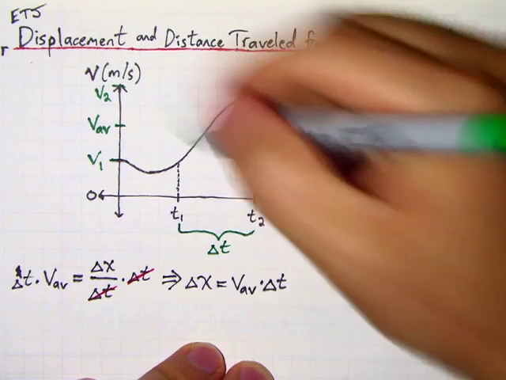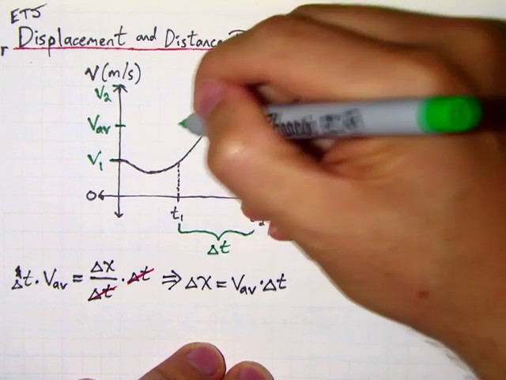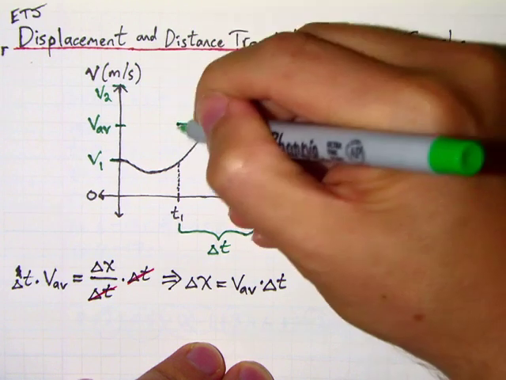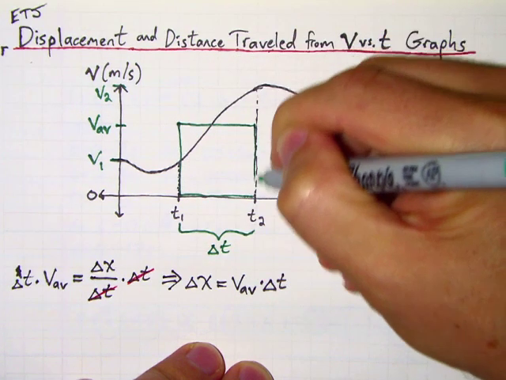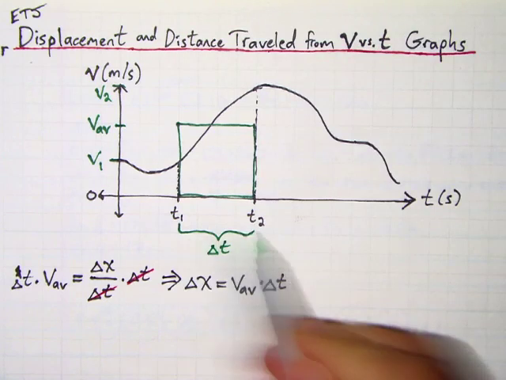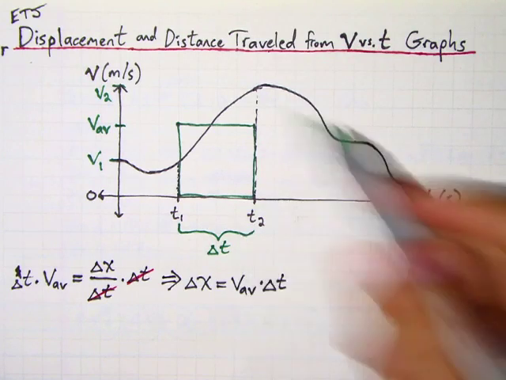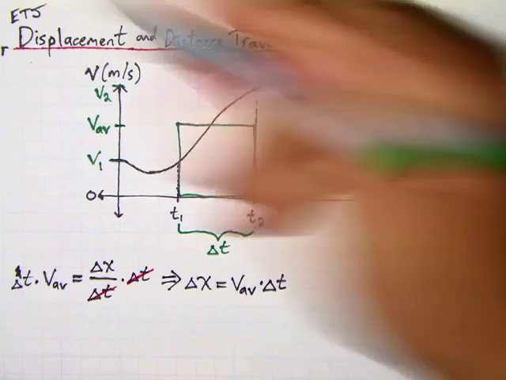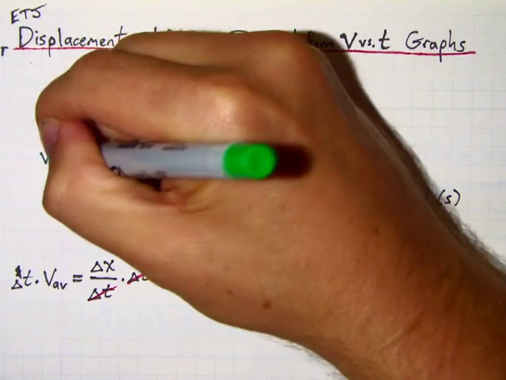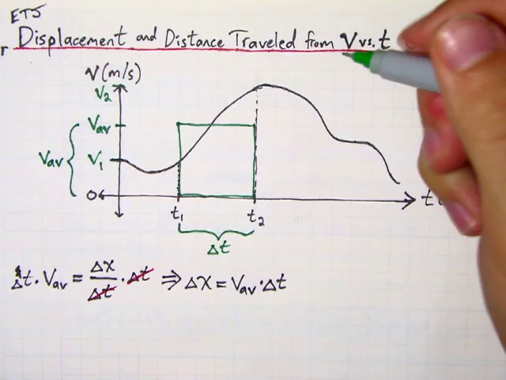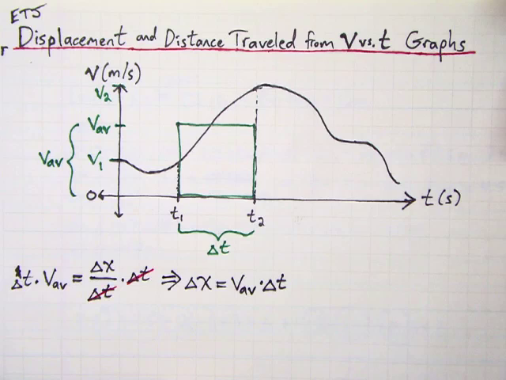I'm going to draw a box. This box has length delta t here, and the width of this box from top to bottom is the average velocity. It's kind of a strange box.